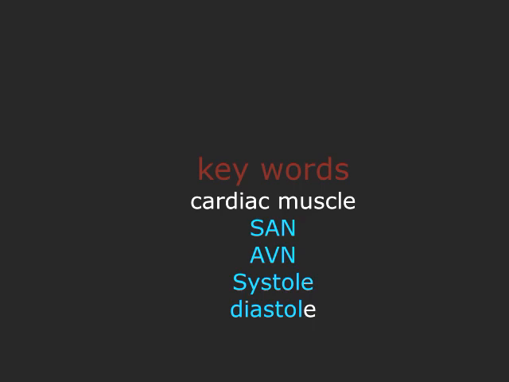One of the keywords is the cardiac muscle, then the sinoatrial node, the SAN, then the atrioventricular node or the AVN. Then we have systole, then diastole, then the pacemaker. Those words should be observed critically.